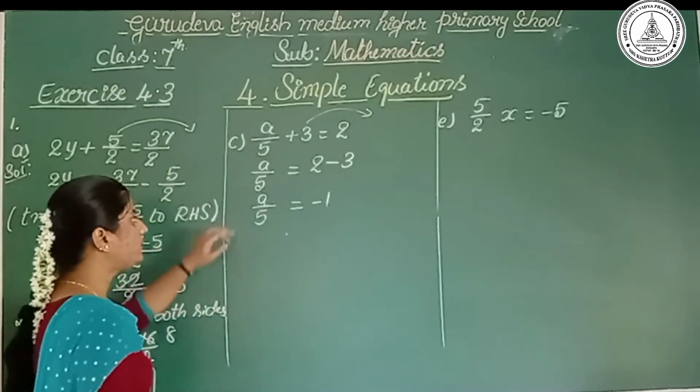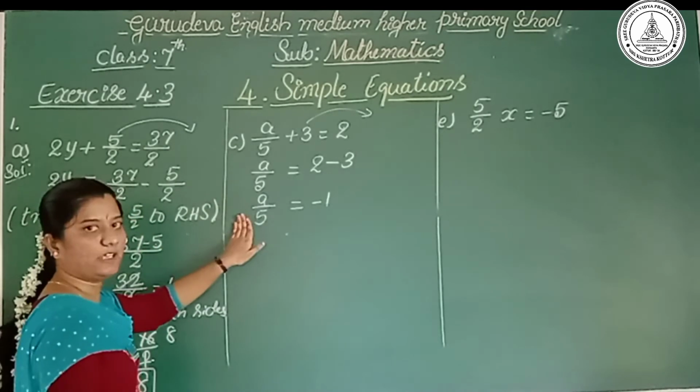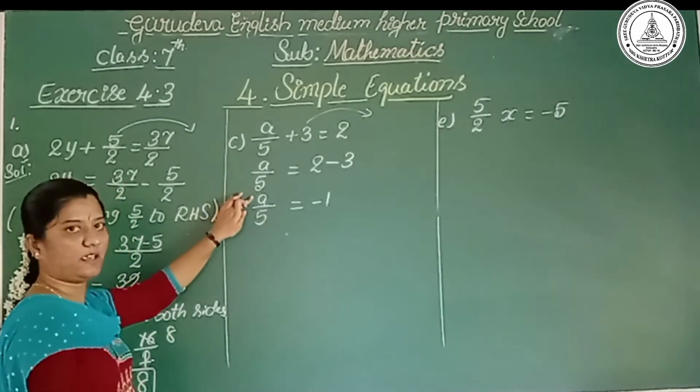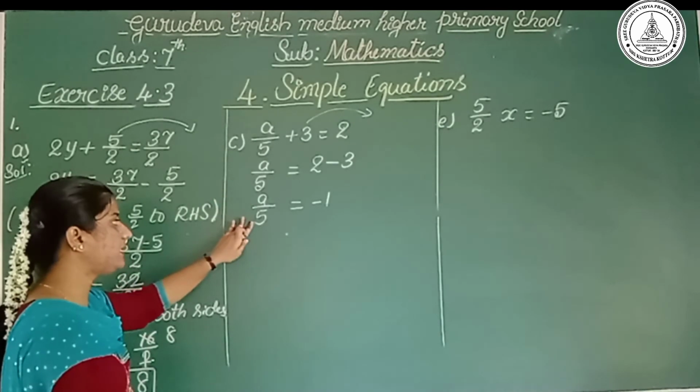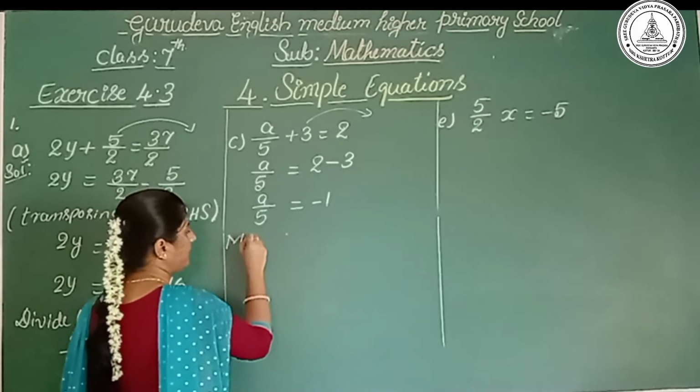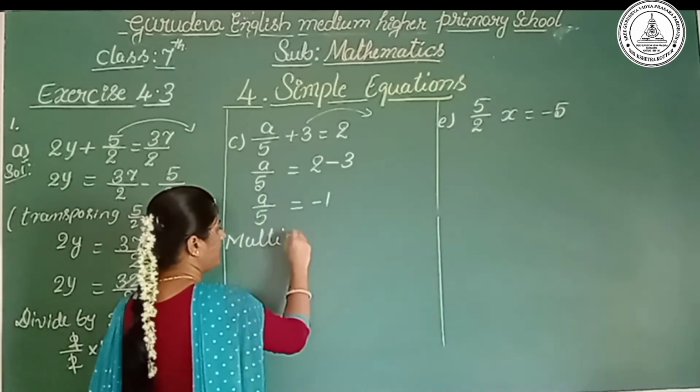Now I want to remove the 5, that is, eliminate the 5, to separate the variable A. So what do we have to do? Here there is a divide by 5, so we do the operation multiply by 5 on both sides.